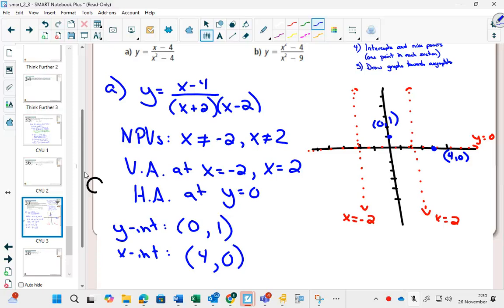Okay, our asymptotes split our graph up into 3 sections, and if we have points in the sections, we usually can graph. In the middle section, you can graph it. Why? Because if it's going to go towards an asymptote, it either goes up or it goes down.